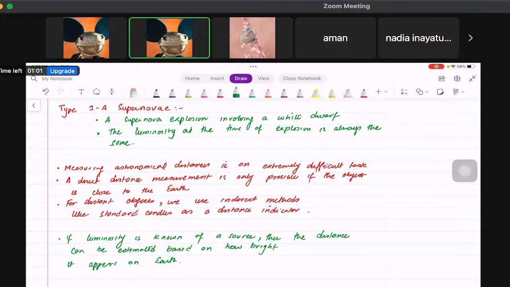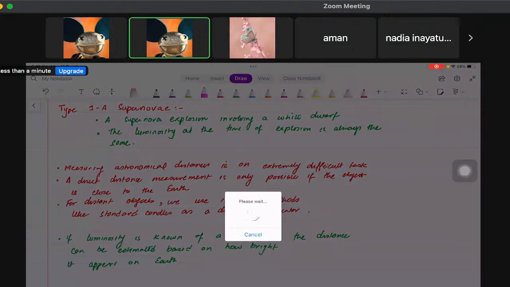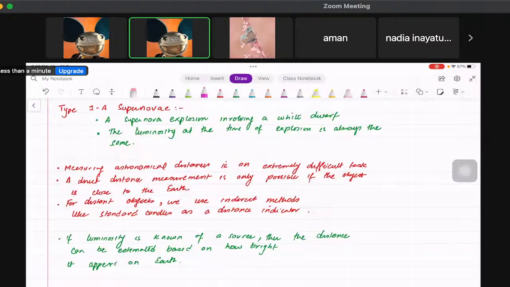For example, and it's the last example I'm giving, and then we're going to stop here and continue tomorrow. Suppose this is you and you're looking at a candle of this type from here, at a known distance, suppose d.